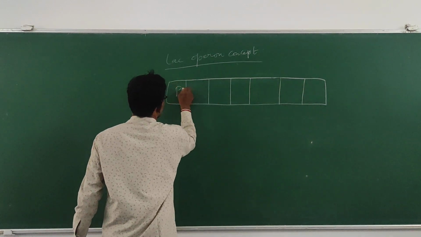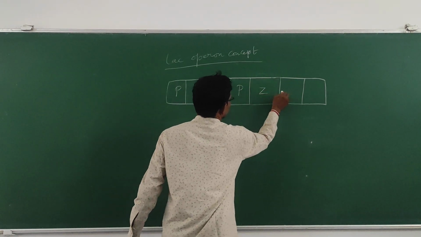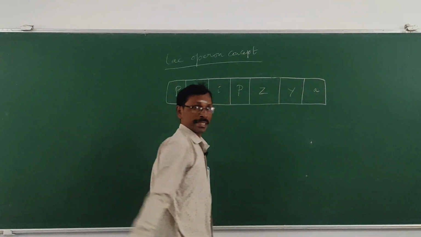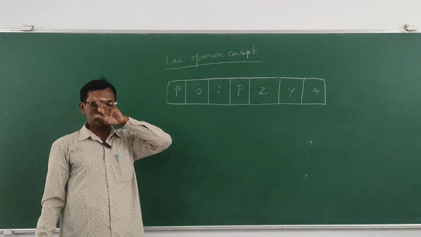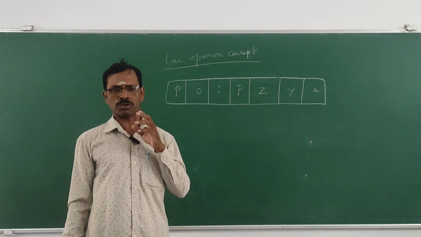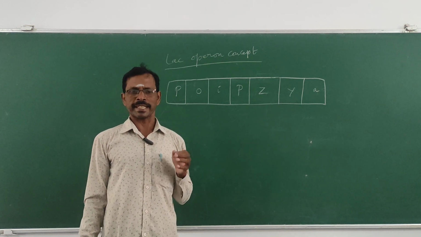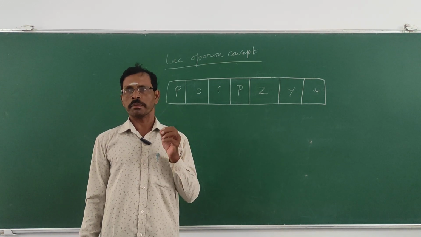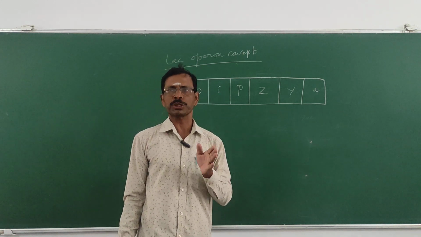This is I, P, O, Z, Y, A. This is a lac operon, polycistronic structural gene. Actually, in eukaryotes, only one gene, that is a monocistronic structural gene, is responsible for transmission of characters. That is called transcription. Transcription means the process of copying the information from DNA into mRNA.